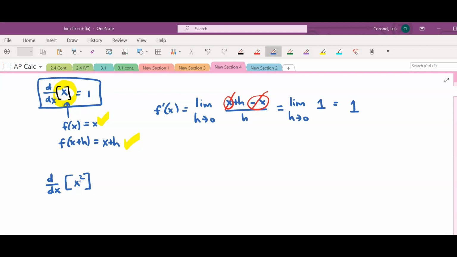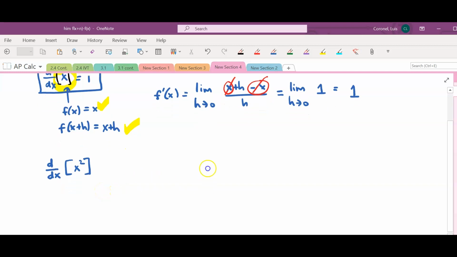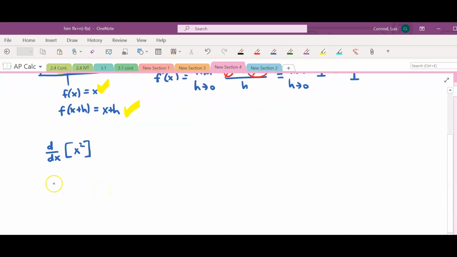So using our limiting process again, we know our function is x squared, and for f of x plus h, wherever you see an x, you plug in x plus h. Plug x plus h into the function and you get x plus h squared. That's f of x plus h.